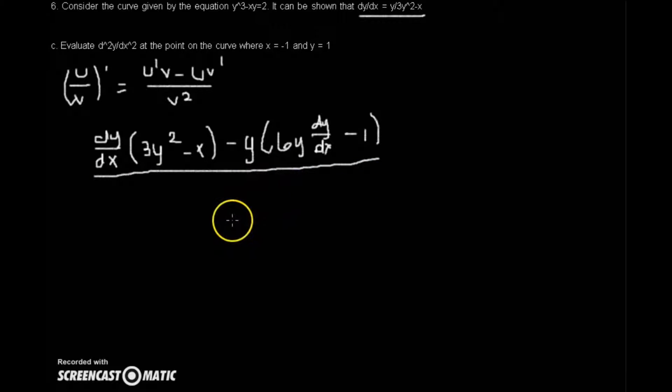And I went ahead and manually did it on paper, which is going to equal 9y to the power of 4 minus 6y squared x plus x squared.